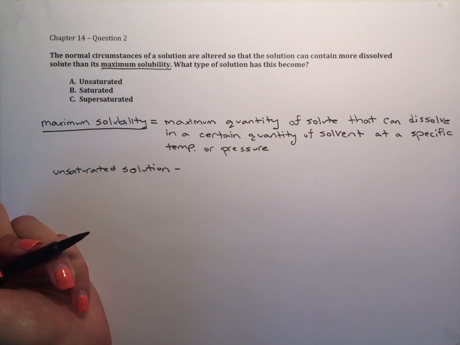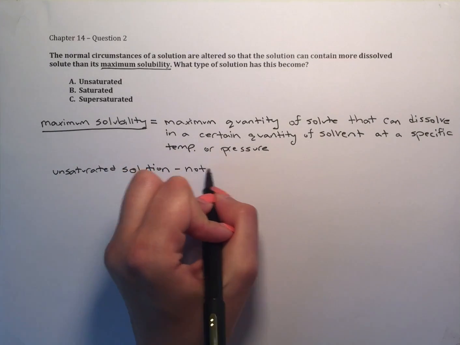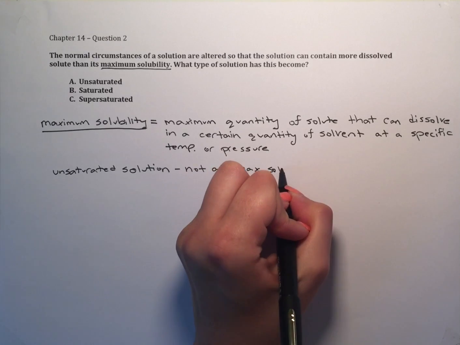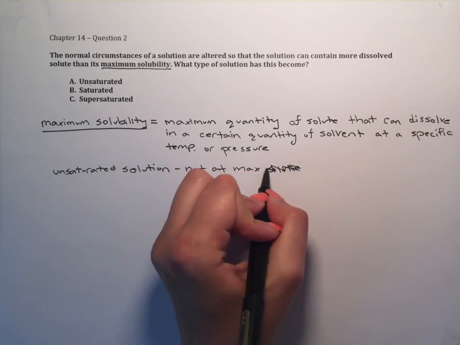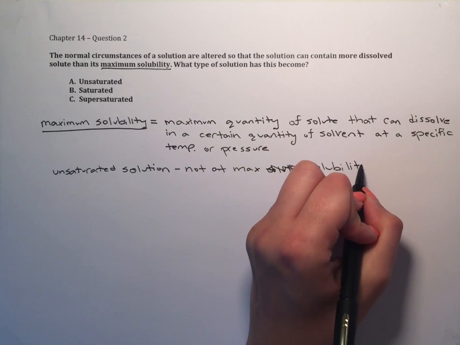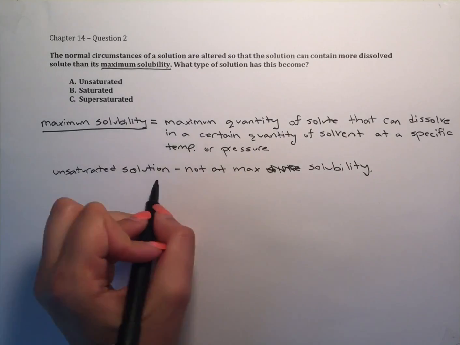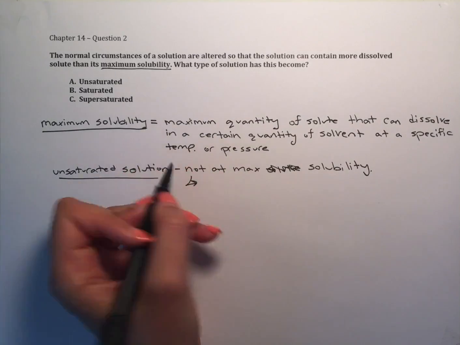Now, an unsaturated solution is not at its maximum solubility. Nope, it's not at max solubility. What this means is that if you add more solute, it will dissolve.